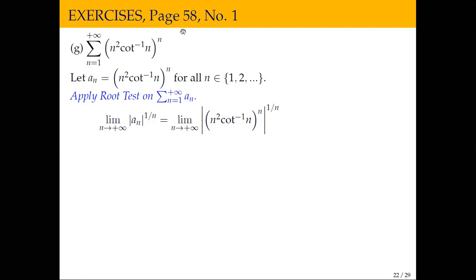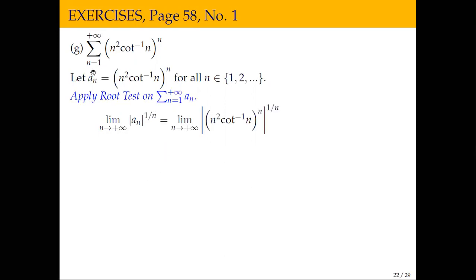If this limit turned out to be greater than 1 or is equal to positive infinity, then we say that this infinite series diverges. However, if this limit turned out to be equal to 1, then we say that the root test is inconclusive.